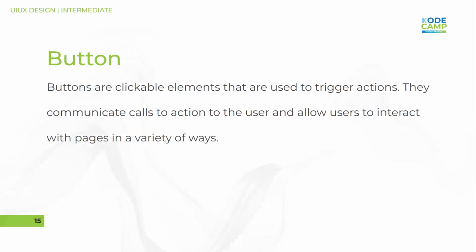Okay, so first of all, what are buttons? We all know what buttons are, which we can have call to action buttons and the likes of it, outline buttons, text buttons, and all the rest. So buttons are clickable elements that are used to trigger actions. They communicate calls to action to the user and allow users to interact with pages in a variety of ways.